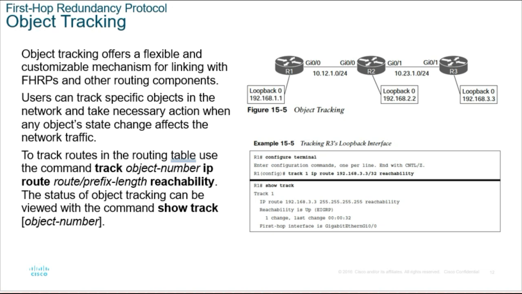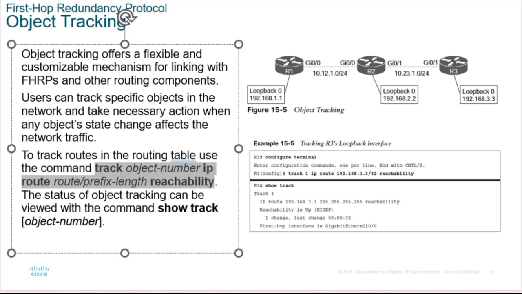In order to configure object tracking, use the keyword track, and then give an object number. In this example, it's trying to track the routing table. So we use the keyword ip route and a particular route or prefix network. For example, here the network is 192.168.3.3, and then the prefix is 255.255.255.255, which means it's /32.